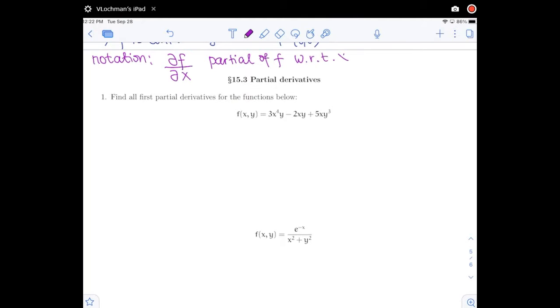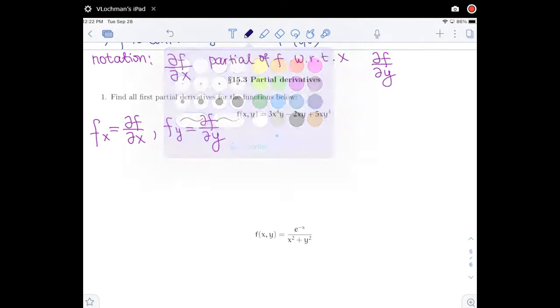And then we can do the same thing for y, so that would be the partial of f with respect to y. Sometimes your textbook will use f subscript x, that's the same thing as ∂f/∂x, or f subscript y, that would be ∂f/∂y. Feel free to use whichever notation you like.